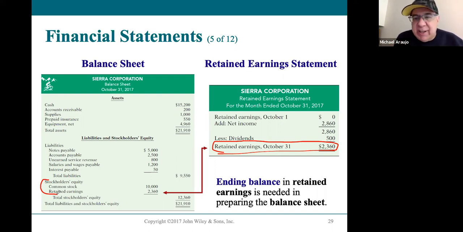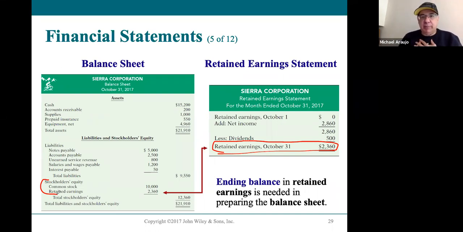Common stock is ownership. Now, when you start a business, you've got to put money into that business to start it. It's not going to start by itself, and it needs cash to start. So you owners put cash into the business. They get back the shares of ownership, which is what we call common stock.